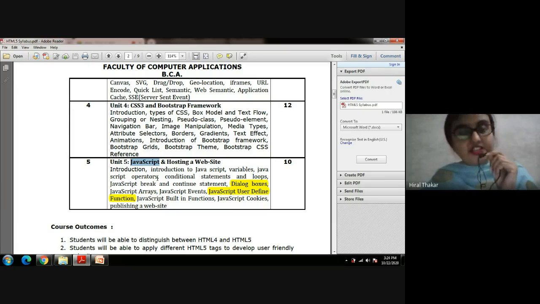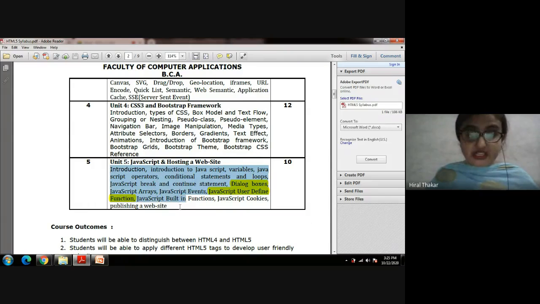That I will teach you in detail. In unit number 5, we will include many functionalities in our website. And at the end of this fifth unit, I will show you what steps to follow if you want to launch and publish your website.